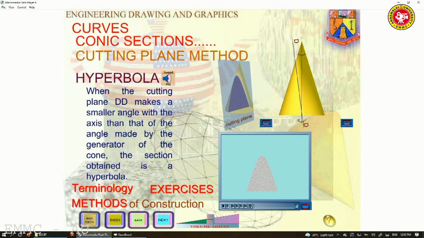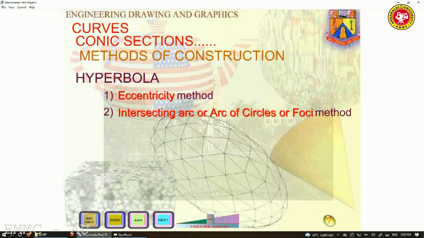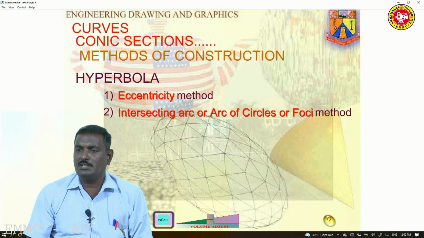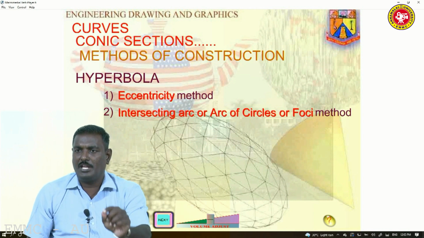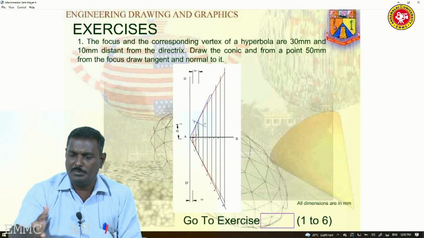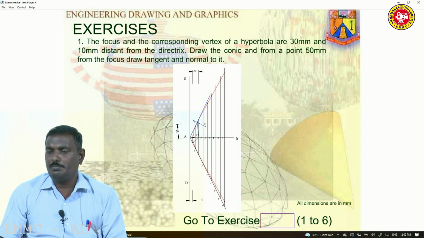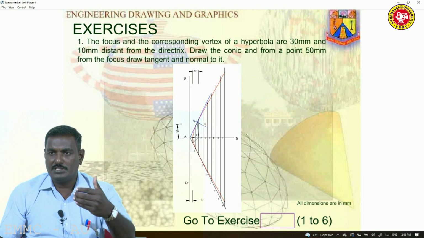So, the various terminology is involved in this. Before going to that terminology, we are looking at the methods. There are only two methods we follow: one is the eccentricity method, and another is the intersecting arc, or arcs of circles, method. So only two methods are followed to construct a hyperbola. The eccentricity method is what we learned in previous sessions to construct the ellipse as well as the parabola.